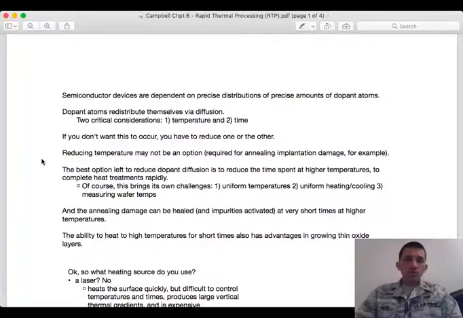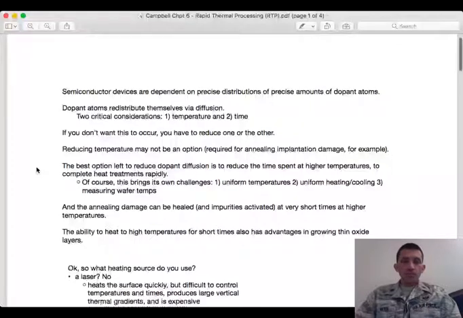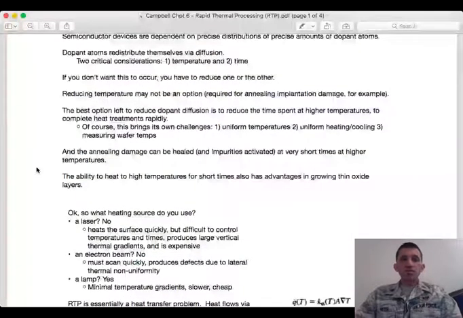And so if you want to prevent diffusion, you need to reduce either the temperature or the time. Reducing the temperature is not always an option, right? For example, you might have to raise the temperature to anneal the ion implantation damage.